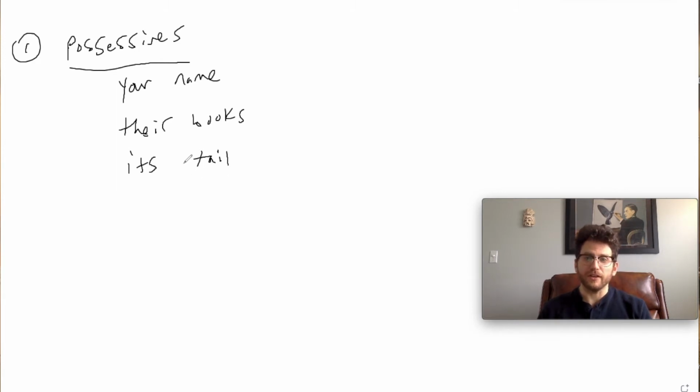However, it's easy to confuse these possessive pronouns with their homophones. For example, your and you're. This is the contracted form, the shortened form of you are.